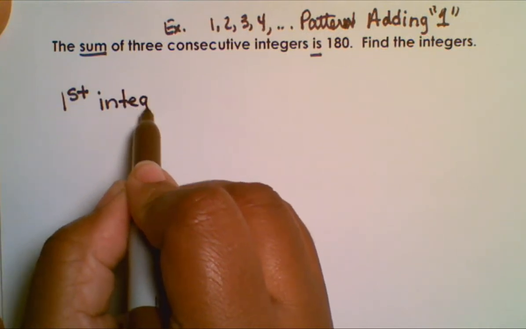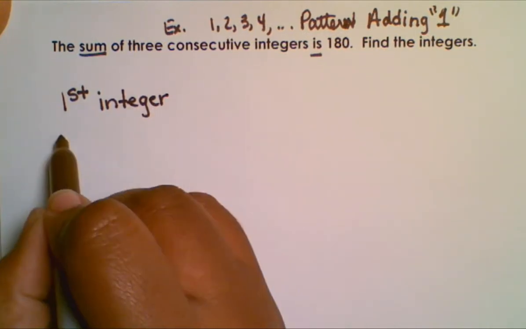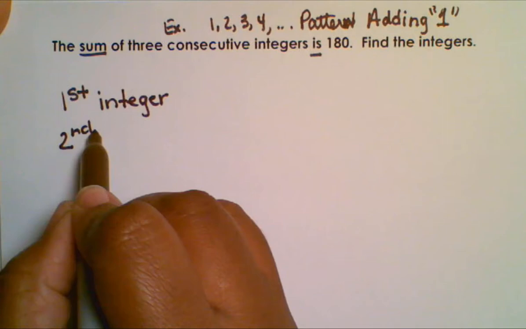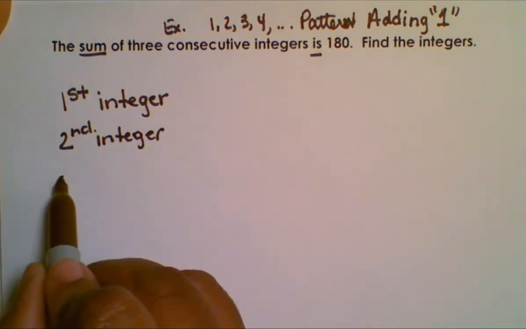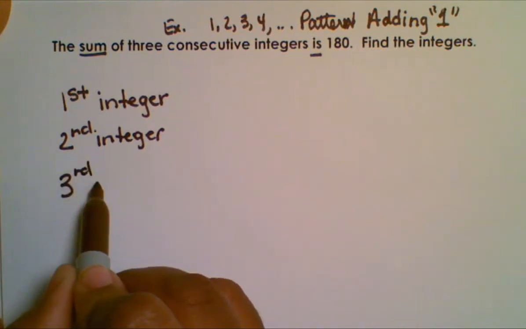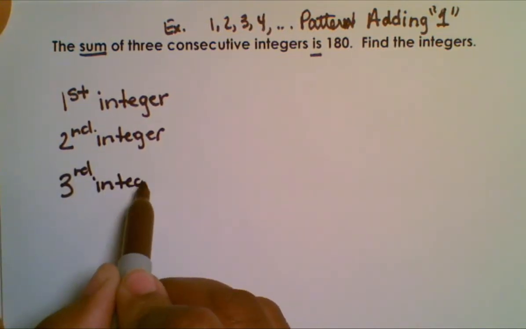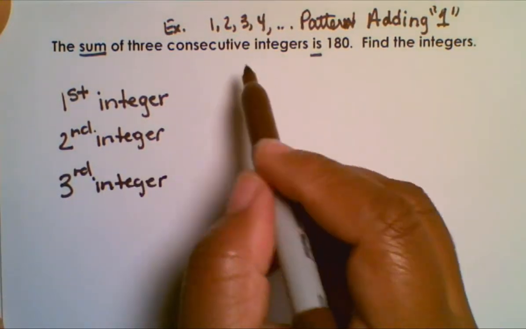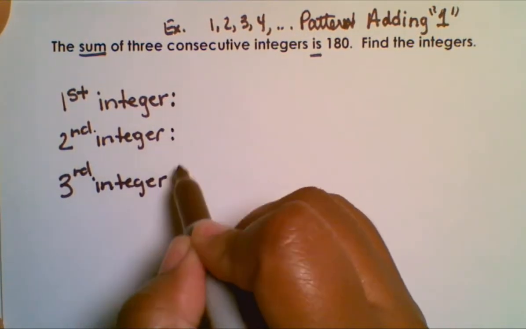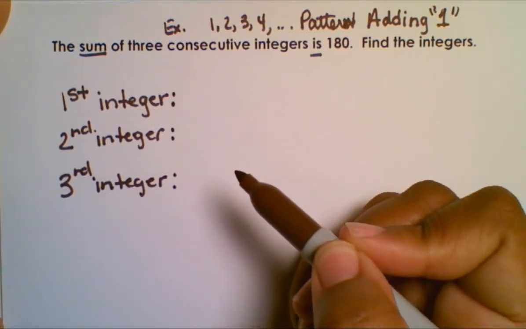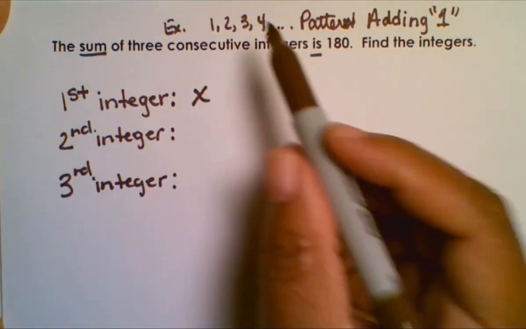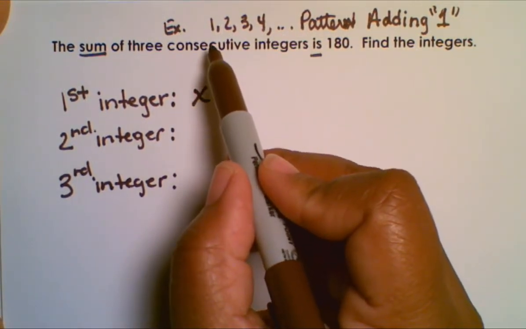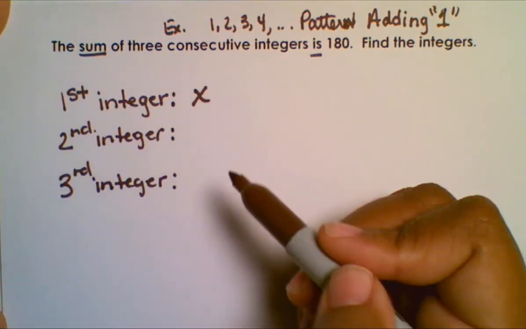We want to find the first integer, the second integer, the third integer. Since initially we don't know what the first integer is, we're going to call that x. But we do know to get from one integer to the next, we're adding 1.